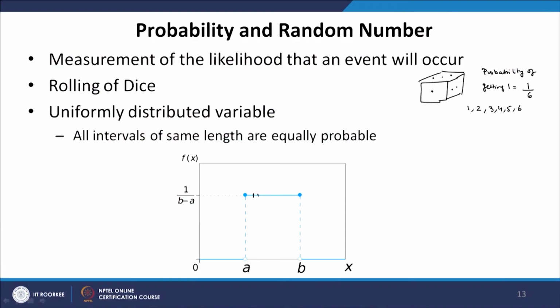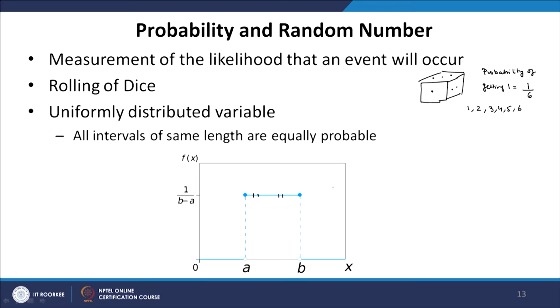In Monte Carlo methods, we use different types of probability distribution, but here I will talk about the uniformly distributed random variable. A uniformly distributed random variable is a special kind of probability distribution, where the probability of finding a number between any two intervals is the same throughout the distribution.